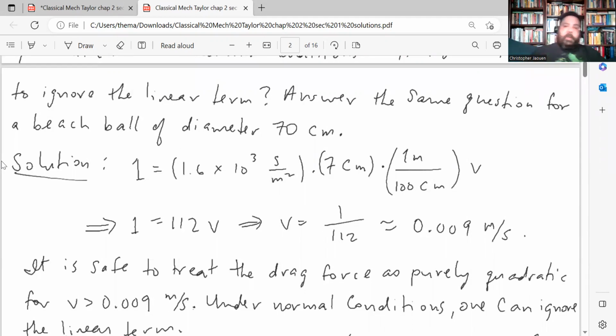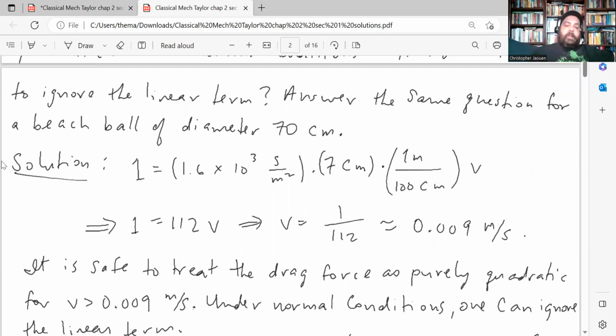And then once you plug it into the formula, you solve for v, and that gives you that v is approximately 0.009 meters per second. So very small quantity for the velocity. And that means for this situation, the linear term is practically 0, so it's safe to ignore it.